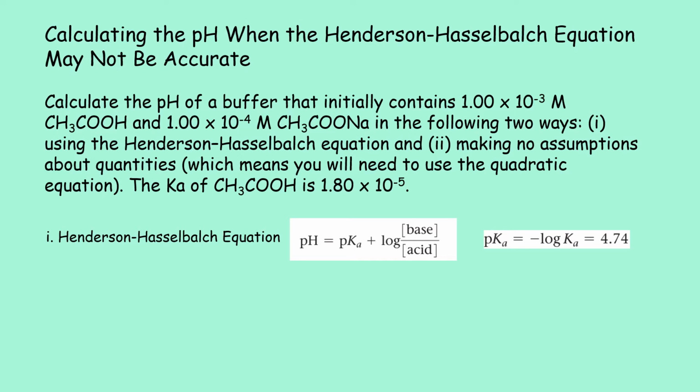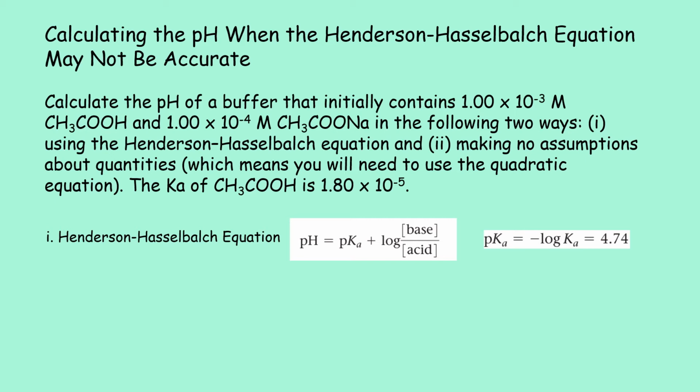Then we will redo the calculation, making no assumptions about any quantities, which means that we will need to write out the initial, change, and equilibrium concentrations as we have done before. In addition, we will need to solve using the quadratic equation since we cannot assume the unknown is small.